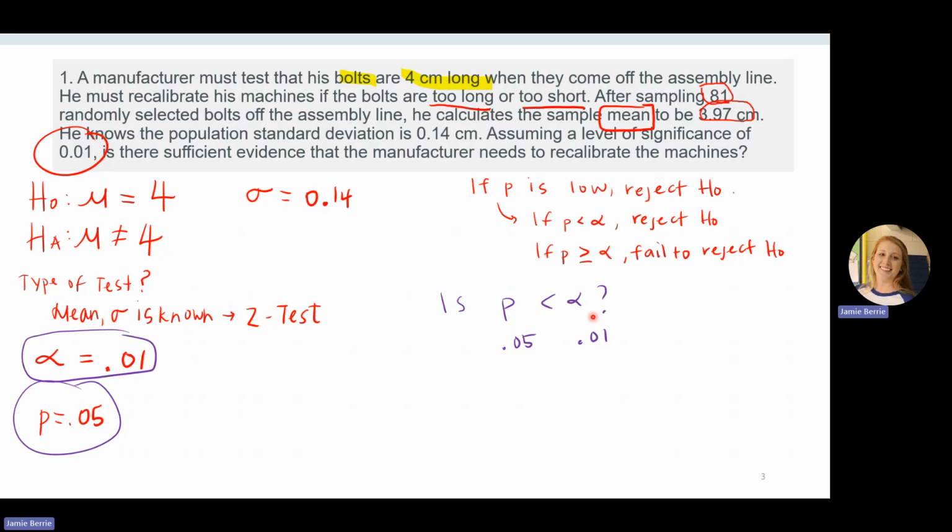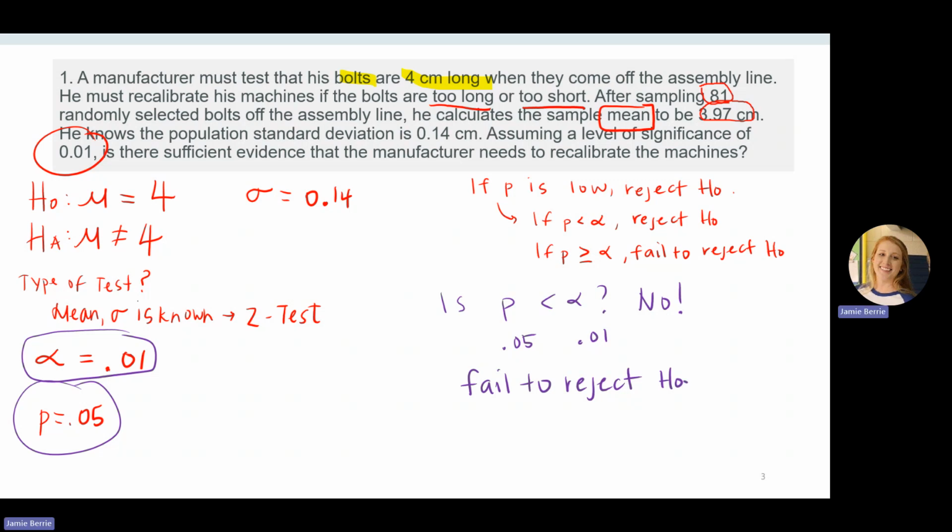I always just convert these to percentages in my head and think about them that way. This would be 5%, this would be 1%. Yeah, that's definitely not less. So that p-value is definitely not less than alpha. All right, so we're going to fail to reject the null hypothesis.